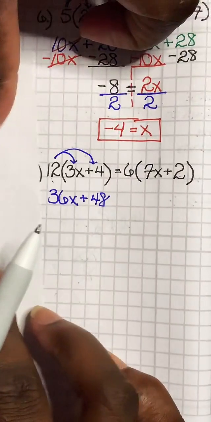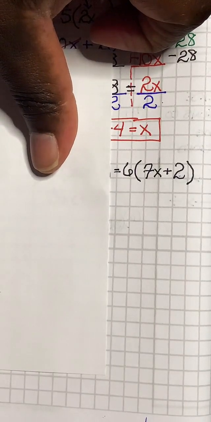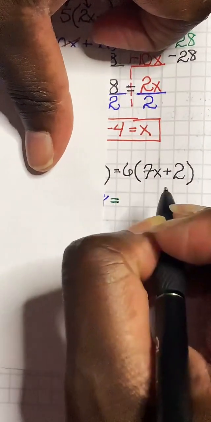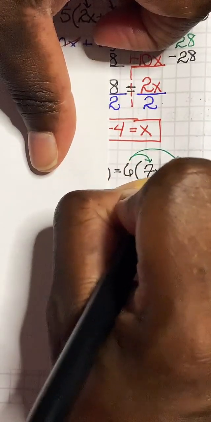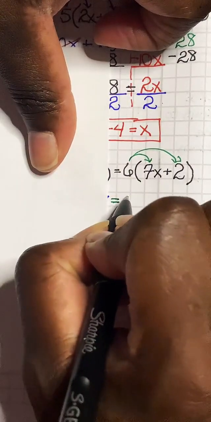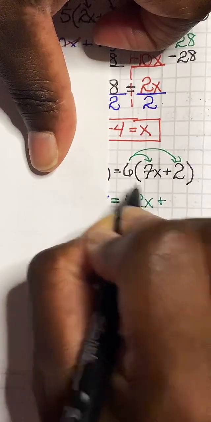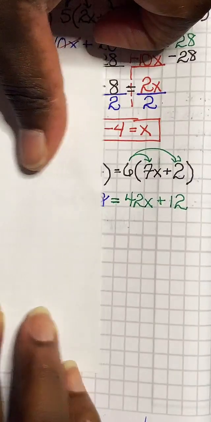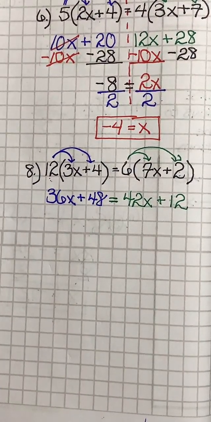Then I'm going to cover up this side and distribute the 6 to everything in its parenthesis. So 6 times 7x gives me 42x. Plus 6 times 2, that gives me 12. Okay, so we did our distribution on both sides.